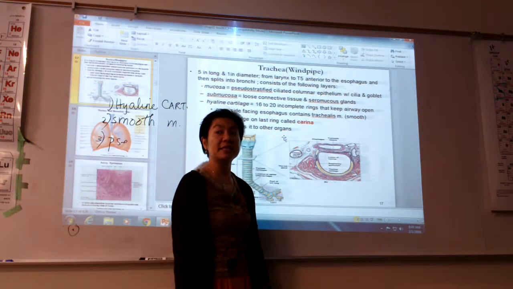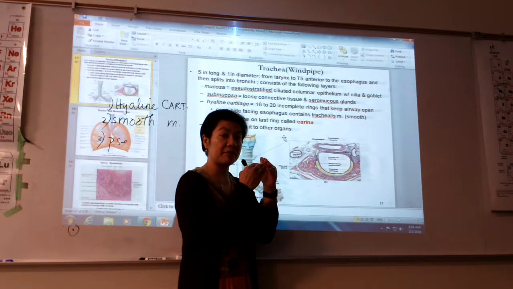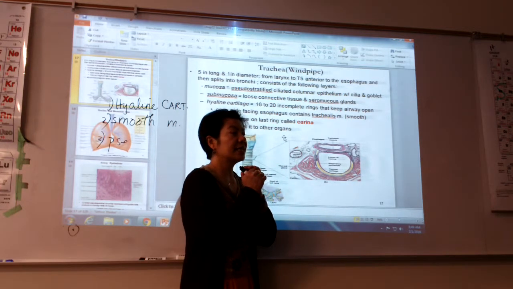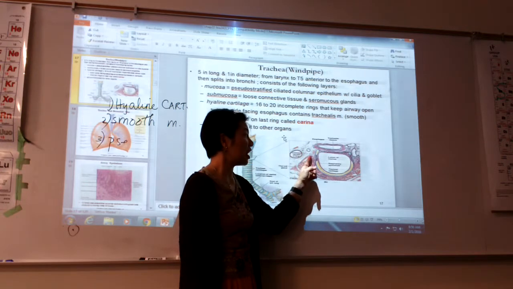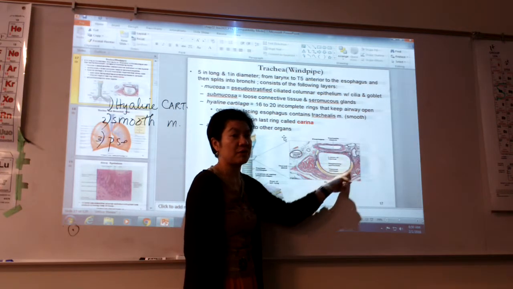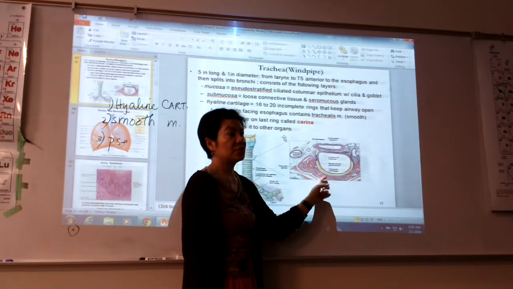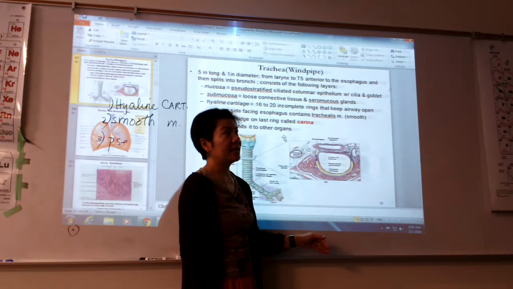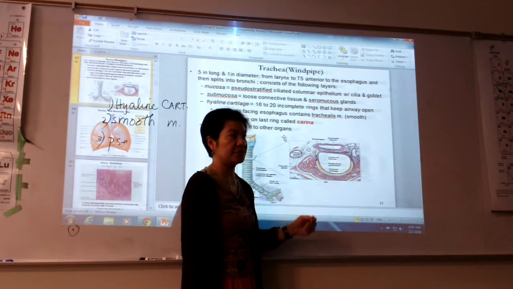And I want you to look for this. I want you to separate the trachea from the esophagus very carefully. And you will notice that the cartilage of the trachea is not continuous all around. So the posterior wall of the trachea has no cartilage.